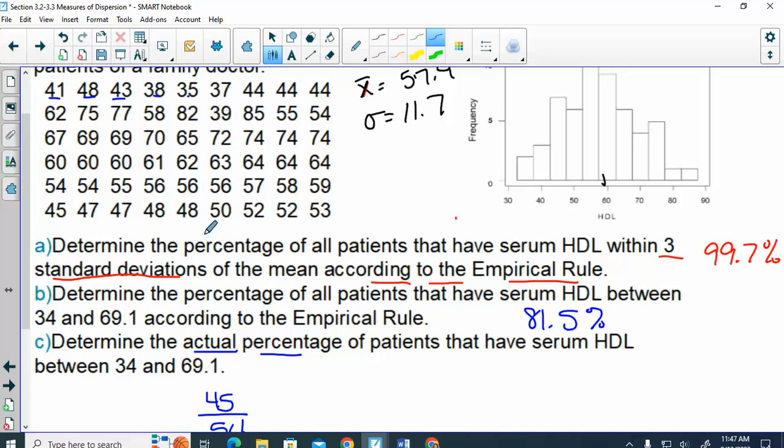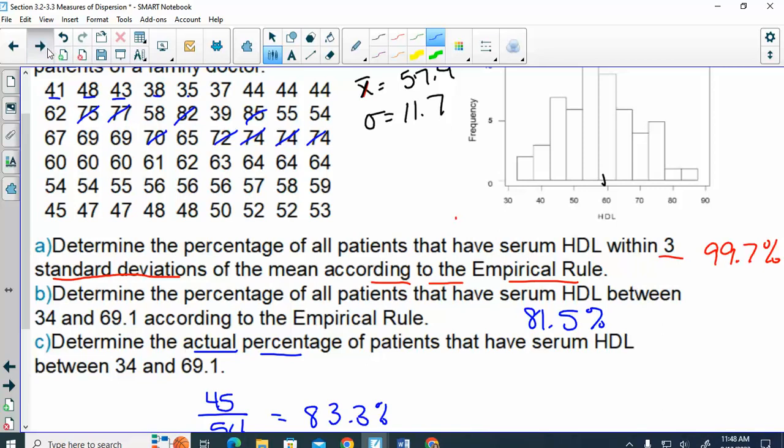Double checking. So that as a percentage is 83.3%. Was it an exact match? No. Was the empirical rule a pretty good estimate? Yeah, not too bad.